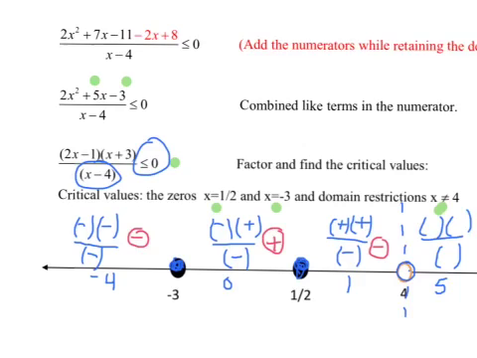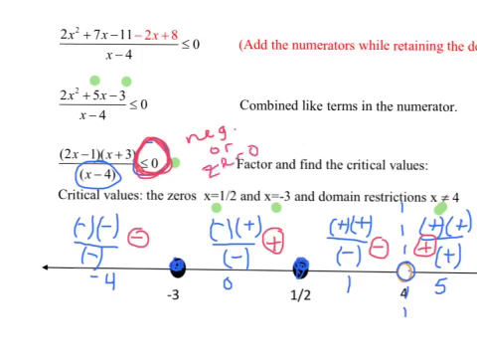I fill that 5 in and I get a positive number in the first quantity. I get a positive number in the second quantity. I get a positive number in the denominator, and positive times positive divided by positive is a positive result. Okay, so I'm looking for less than or equal to 0, which is negative or 0.